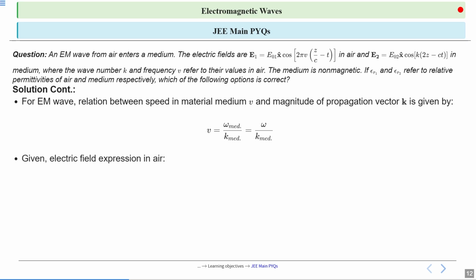Given the electric field expression in air: E1 is equal to E naught 1 x cap cos 2 pi nu (z by c minus t). Now we will convert this 2 pi nu into omega. So E1 is equal to E naught 1 x cap cos omega (z by c minus t).